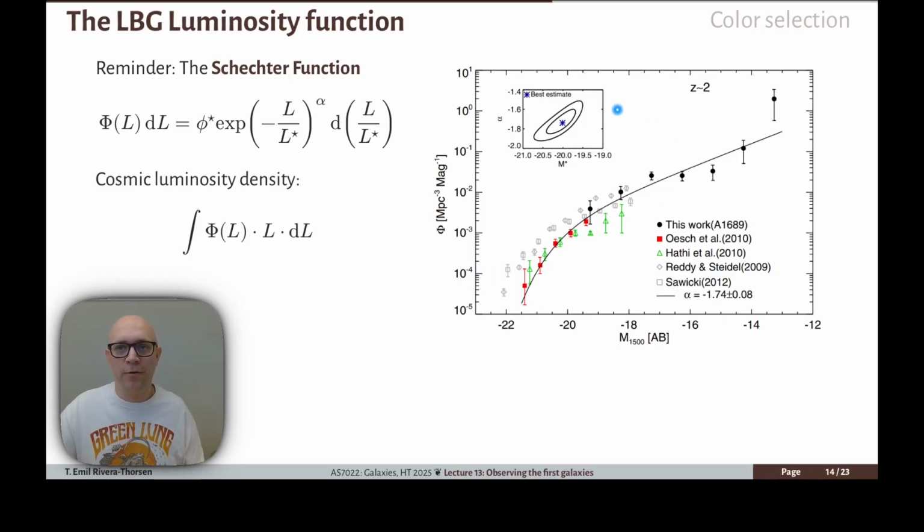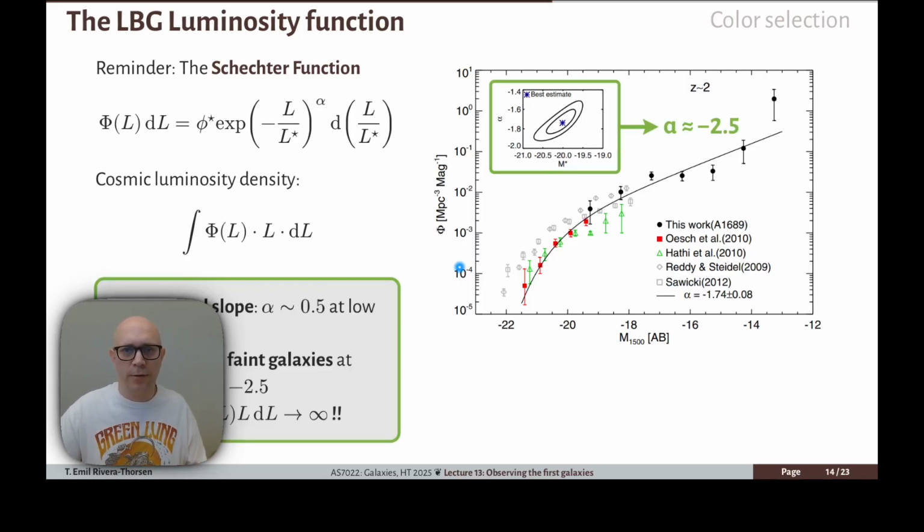And what people have found for LBGs around redshift 2 is a power law slope of around 2.5. So the faint end slope, which is what we have here, alpha is about minus 2.5, and there are many more faint galaxies at high redshift. Sorry, I mean that for low redshift it's going to be minus 0.5.